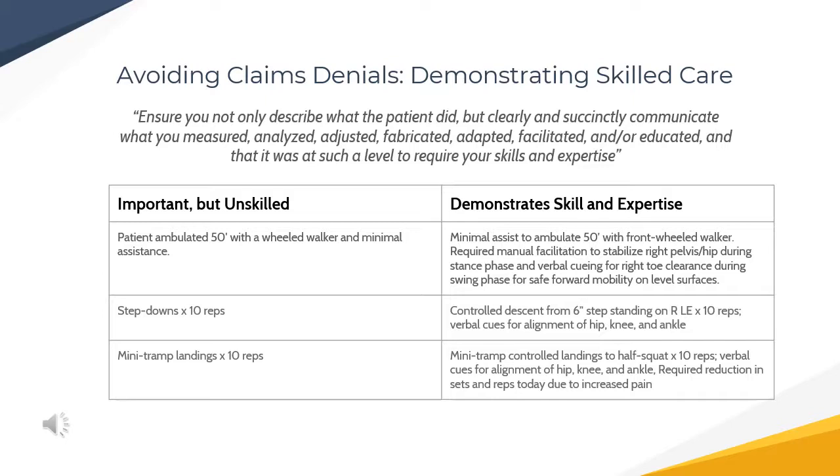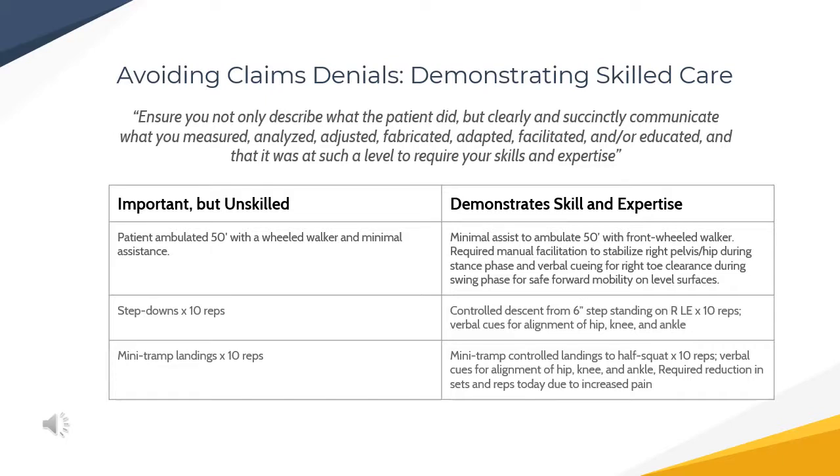And on the right, it says minimal assistance to ambulate 50 feet with front wheeled walker, required manual facilitation to stabilize right pelvis hip during stance phase, and verbal cueing for right toe clearance during swing phase for safe forward mobility on level surfaces. So this example would be considered skilled because it mentions manual facilitation and assistance during specific phases of gait, as well as verbal cueing.